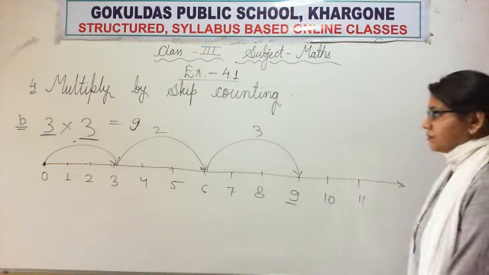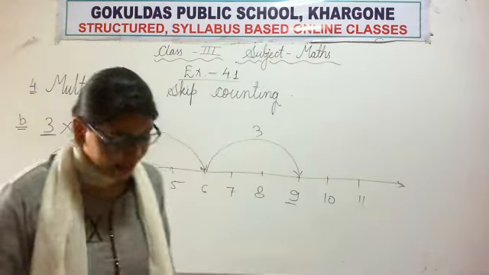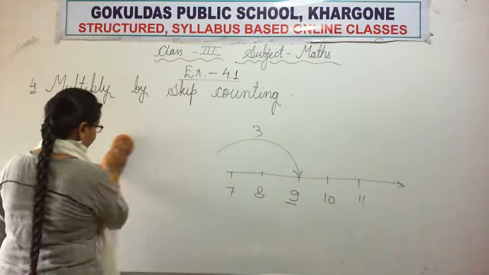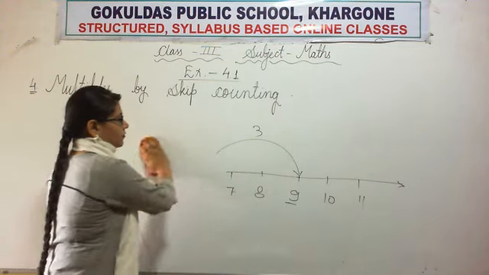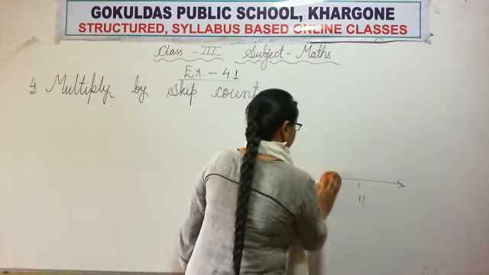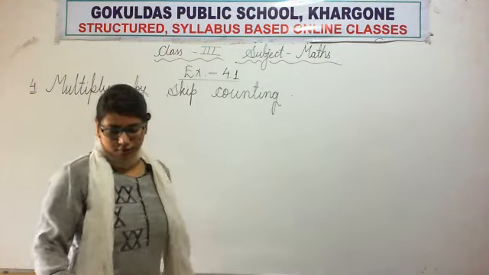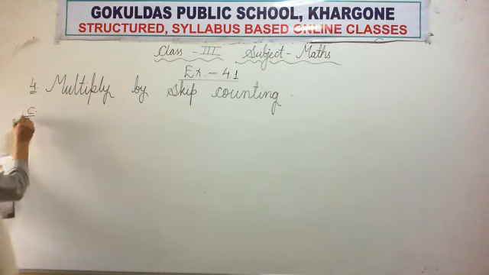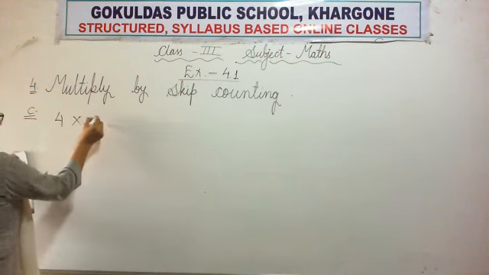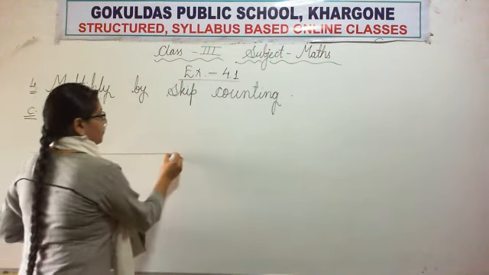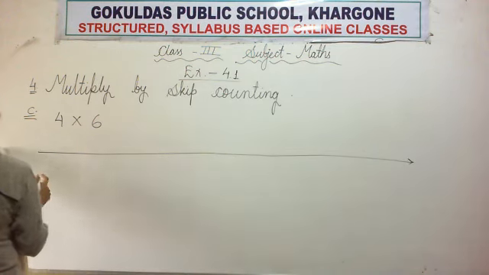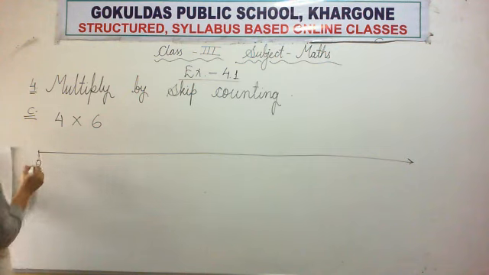Now the next question. Next part of the same question. Part C. 4 into 6. 4 into 6. So, 0.